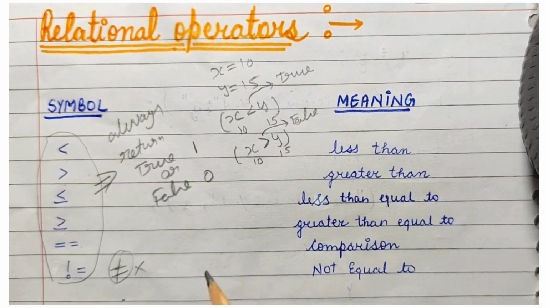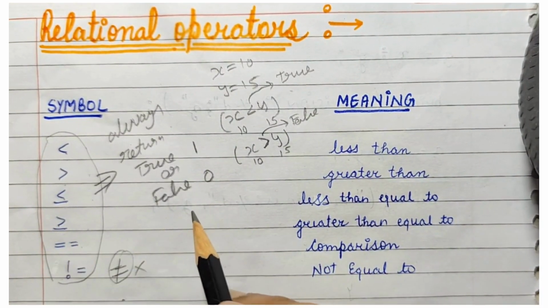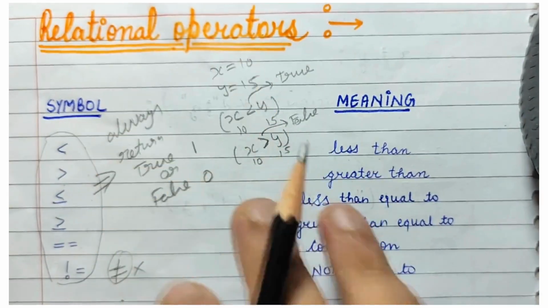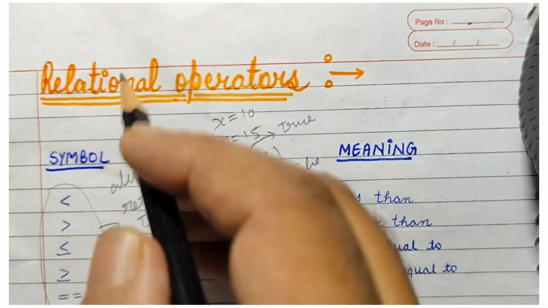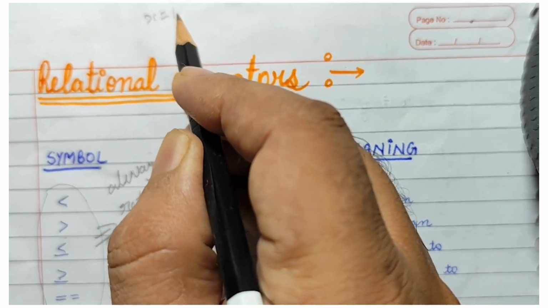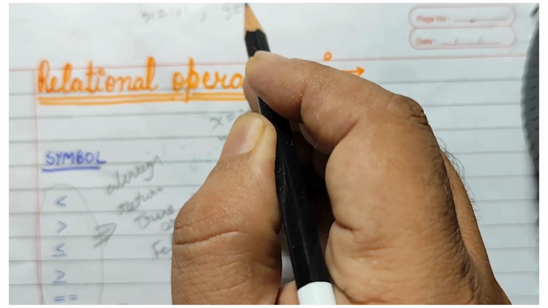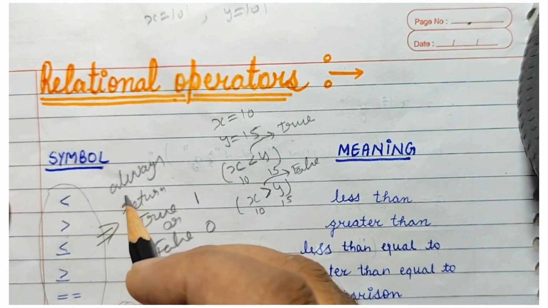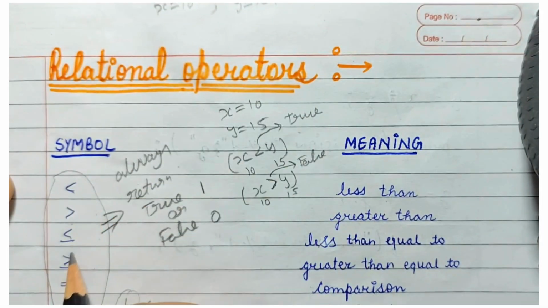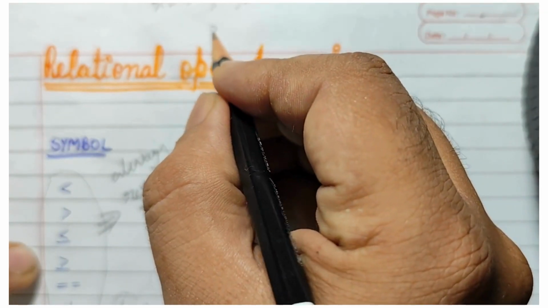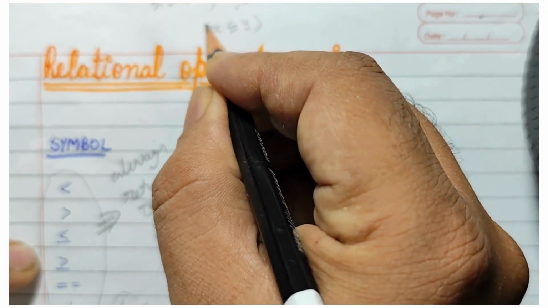In a similar way, suppose x has a value 101, y also has a value 101. Now we apply the third symbol, that is x less than equal to y.